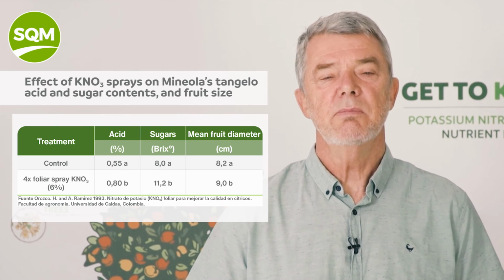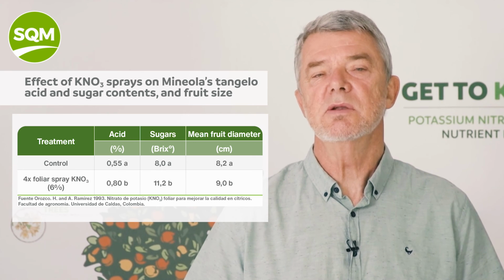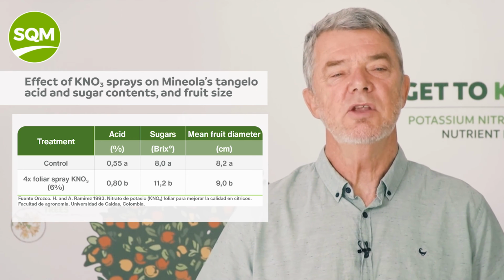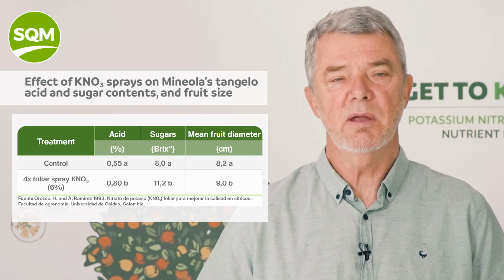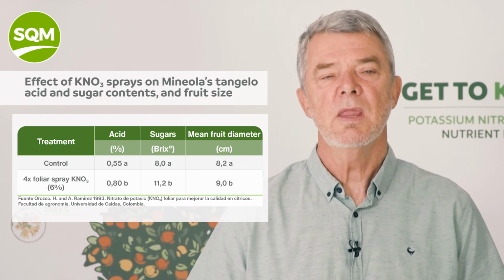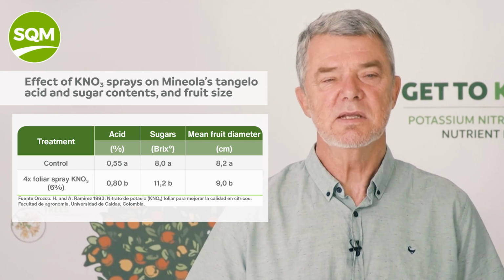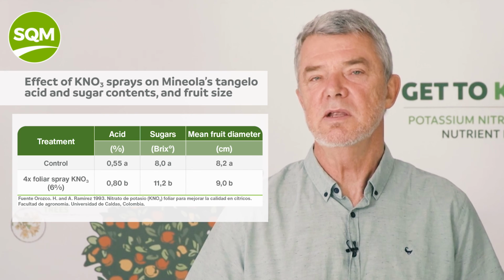This work was done by these authors on the effect of potassium nitrate sprays on Mineola, on the acid and sugar contents and fruit size of the Mineolas. And the foliar sprays with potassium nitrate significantly increased the acid and sugar contents of the citrus fruit. Moreover, the fruit size was significantly increased as well.